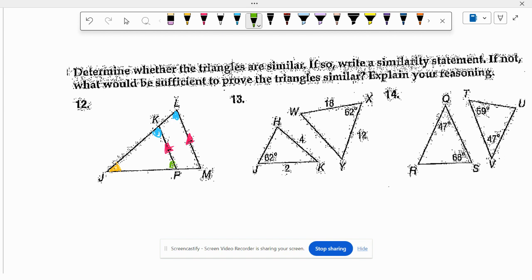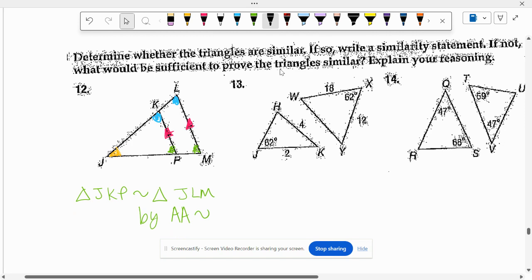And this angle corresponds to this angle, which means they're congruent. So triangle JKP is similar to triangle JLM by angle similarity, right?